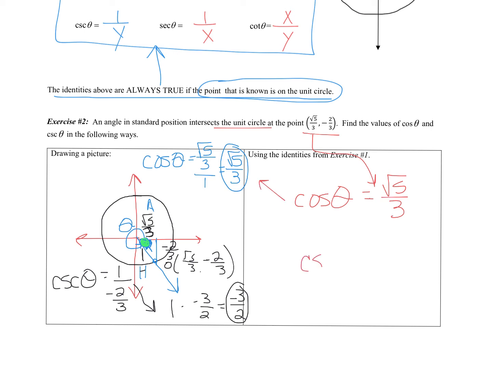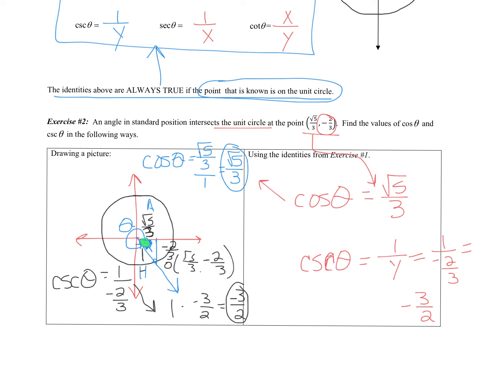The cosecant of theta, because sine of theta is the y on the unit circle, is 1 over y. So if I just use 1 over the y value, and we already did that keep change flip, we know that's going to be negative 3/2. So we can see that the point on the unit circle makes that triangle unnecessary to figure out those answers.